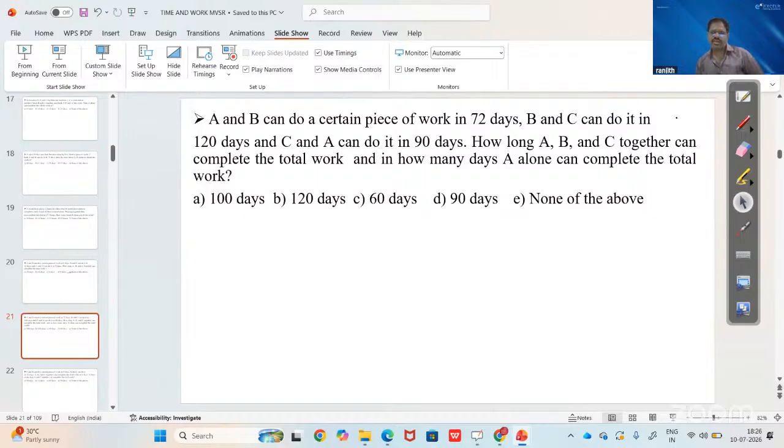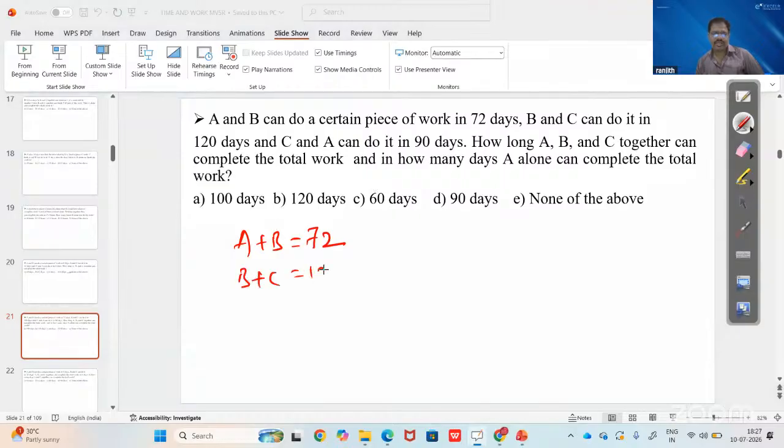So here A and B together can complete the work in 72. B and C can complete in 120. C and A can complete in 90 days. What is the LCM of 72, 120, 90?